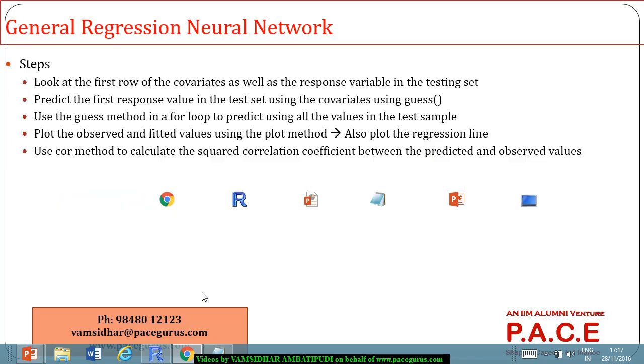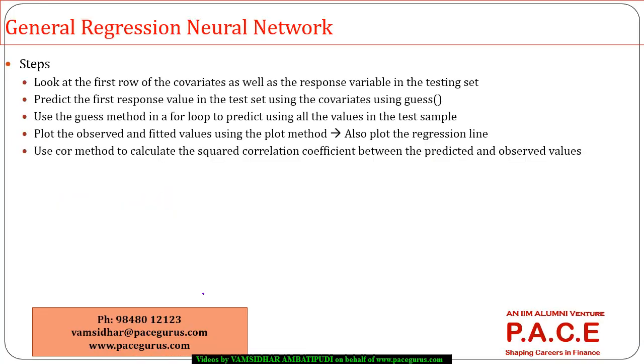All right. So now, this is how you are looking at it. Initially, you are taking the first response, first test data. Based on that, you are doing the guessing. If you have got the response properly for the first one, you are looping it across all the observations of the test data. We had 401 observations. So we would be looping it across all the 401 observations of the test data.